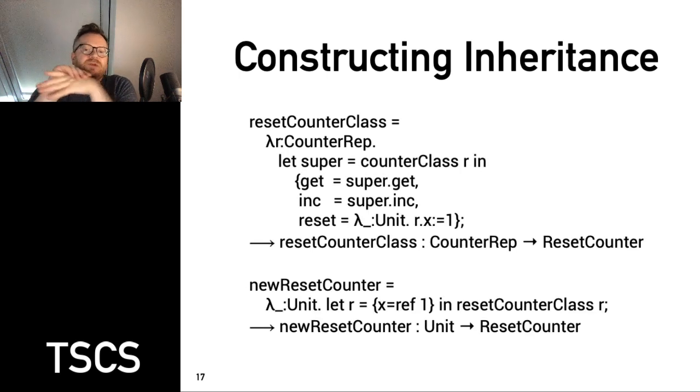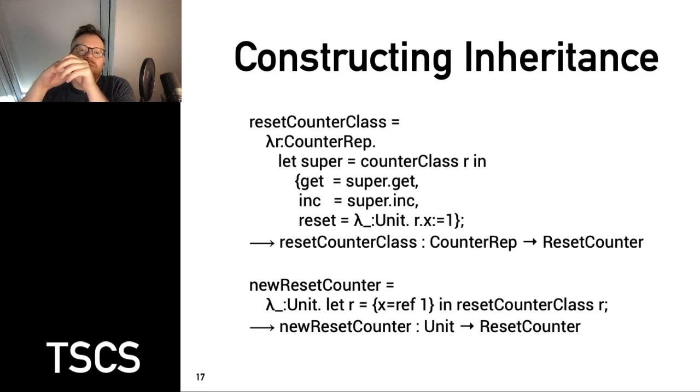How does this help us? Well, we can now reuse this and say, okay, let's define a new class called reset counter class. And for this, we can use super, because it's the super class. And the first thing that we do is we construct this super class with counter class and the same counter representation that we just used before.